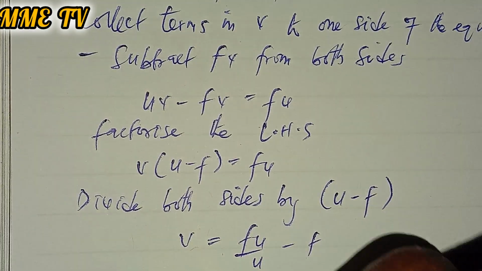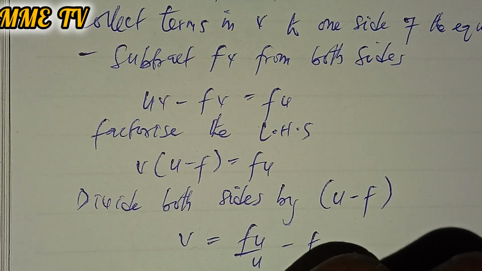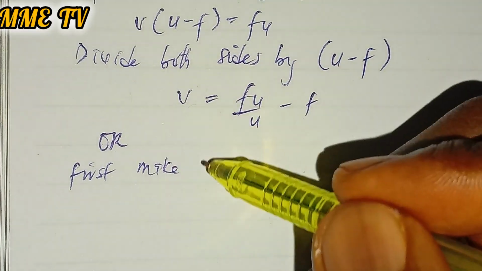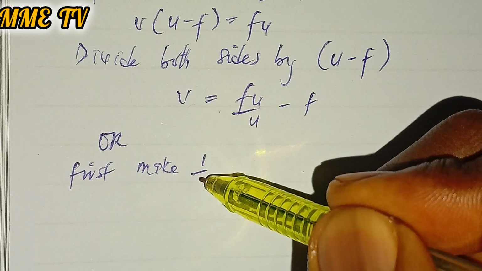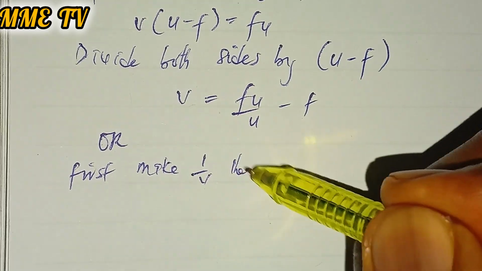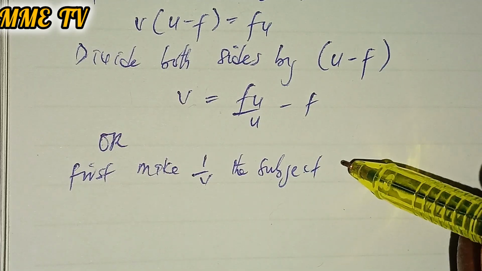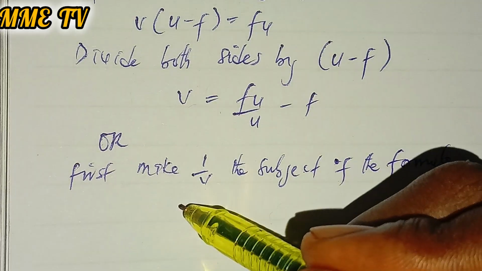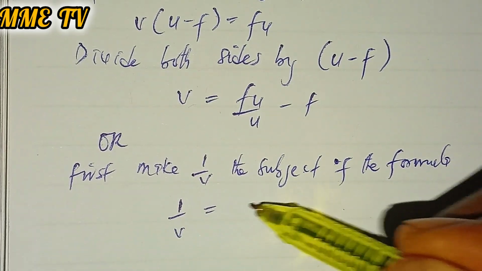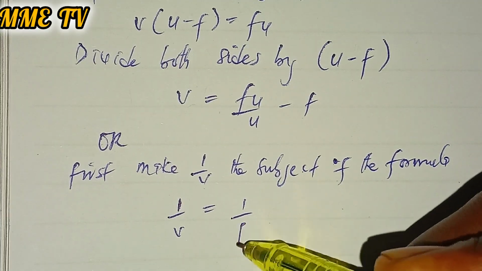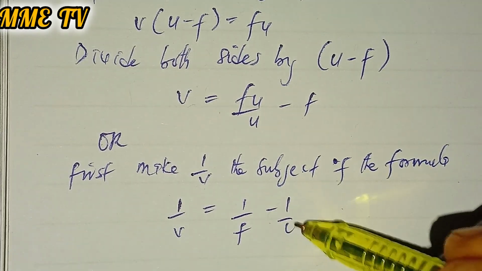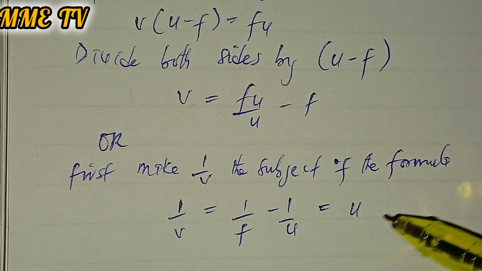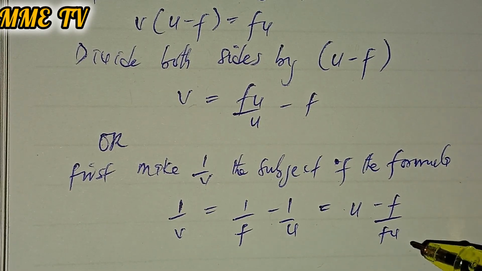Or we can as well decide to first make 1 over V the subject of the formula, meaning that we'll be having 1 over V is equal to 1 over F minus 1 over U, which will be equal to U minus F over FU.